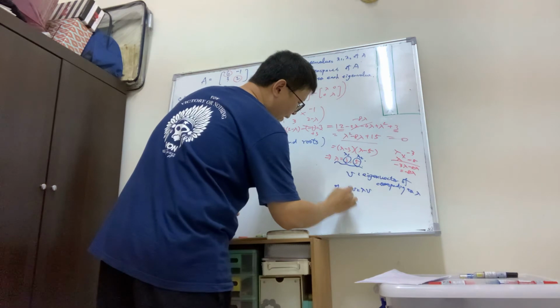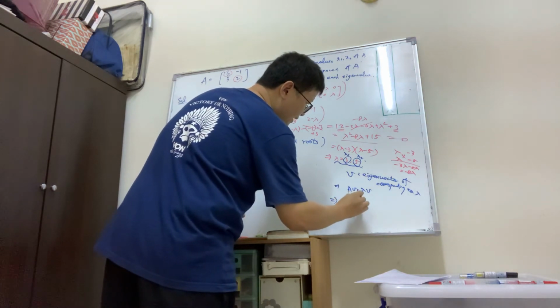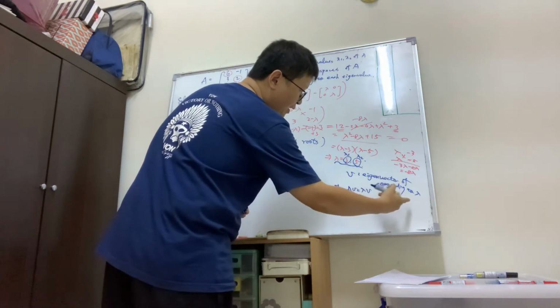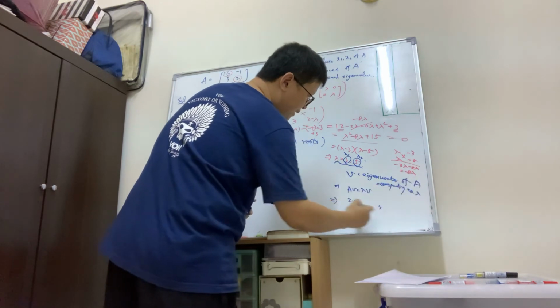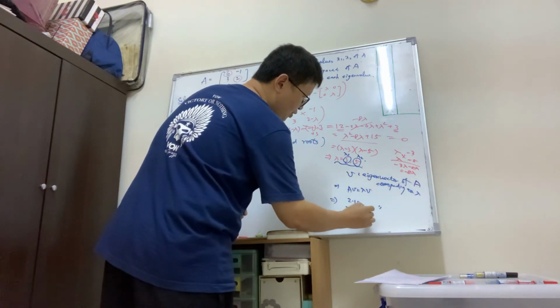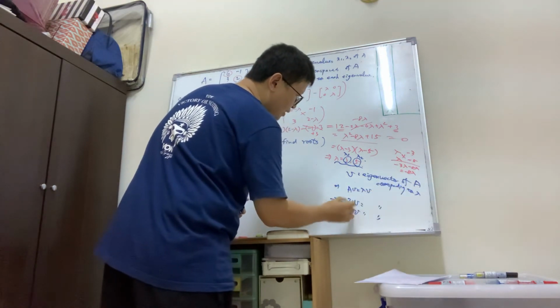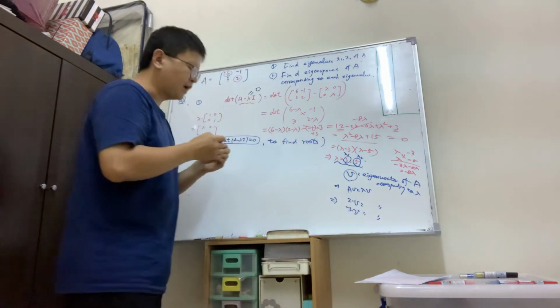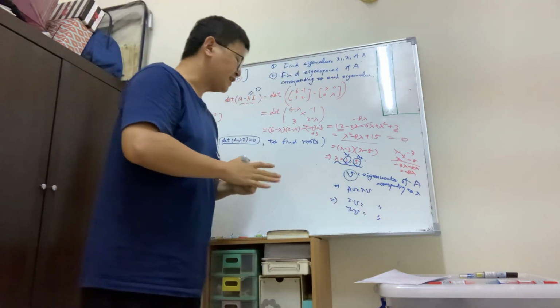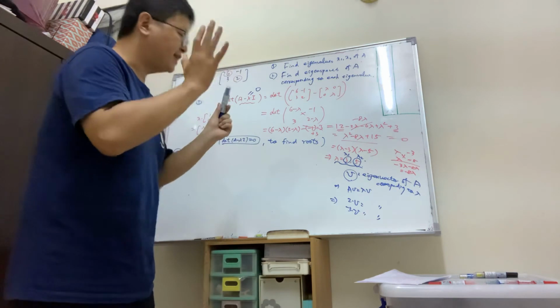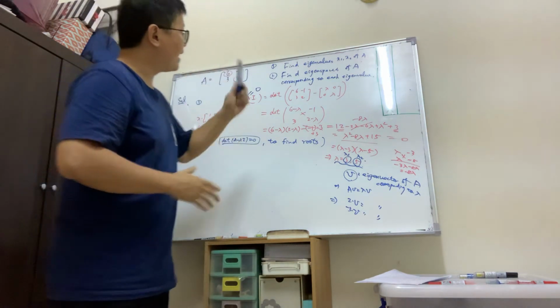Once you multiply by any scalar, for example 2V, it's also an eigenvector of A corresponding to lambda. If you multiply by negative 3, it's also an eigenvector. So actually, you could multiply by any scalar, so it becomes a space. So now we consider the eigenspace.